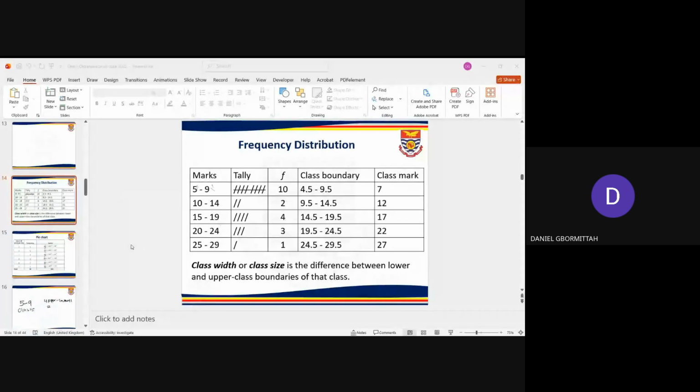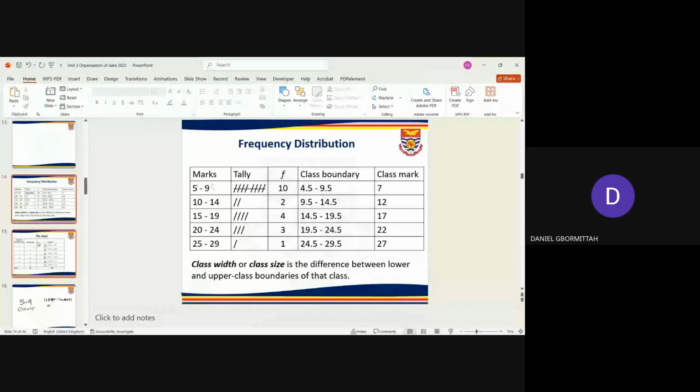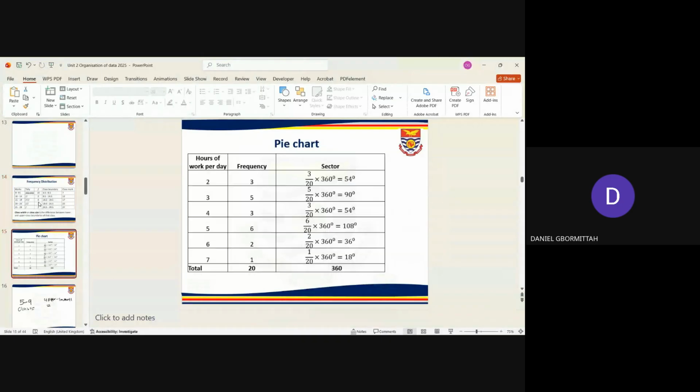Can we move on? Okay, so the next thing that we want to do is, we are still in the area of organizing our data.